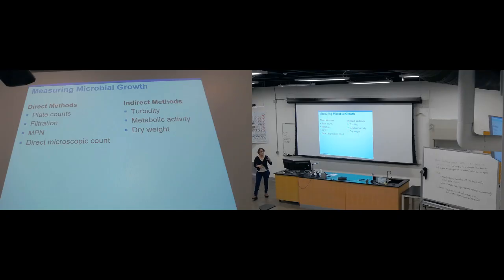And then when it comes to the indirect methods, we have turbidity. In turbidity, you have your broth, and you put part of your broth in a little mini test tube that you insert in a spectrophotometer, and you have a control that you have added before into your spectrophotometer. You blank the reading after you have added your control, and then you see how much light passes through your sample. The greater the turbidity, the greater the number of bacteria you have and the less light shines through.